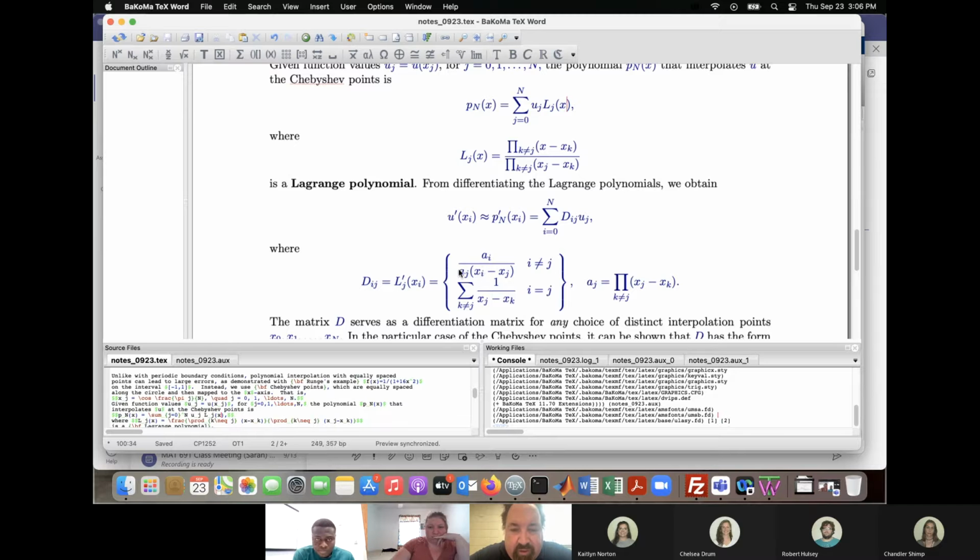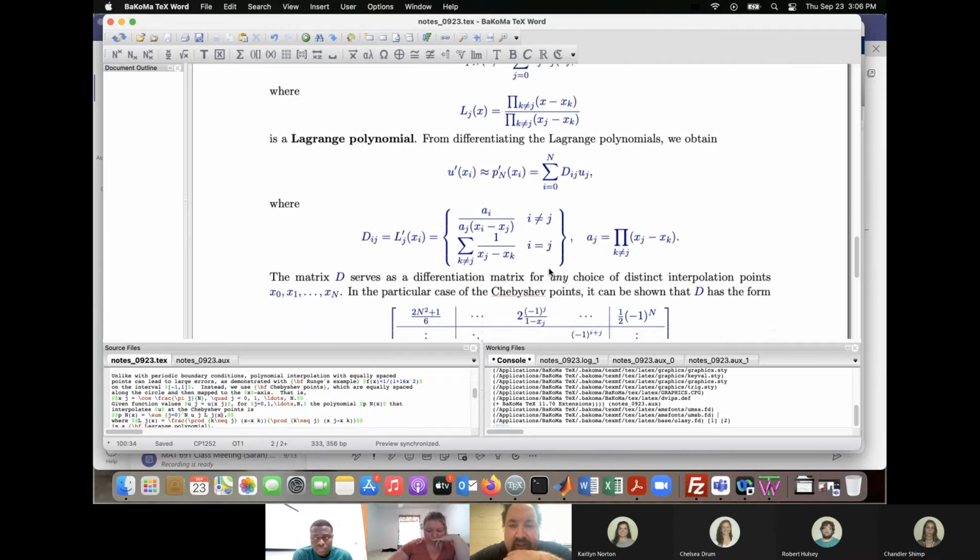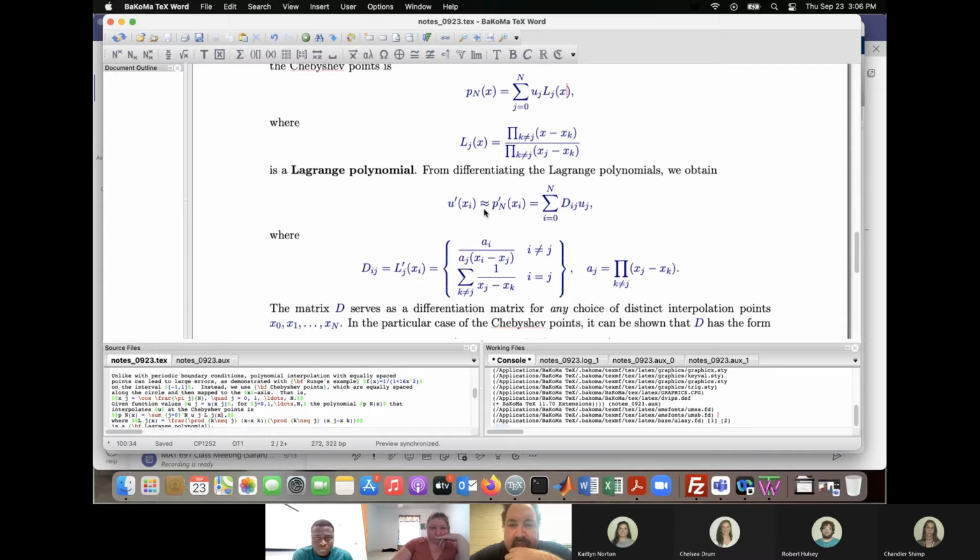But this is a formula for derivatives of Lagrange polynomials at these points, and we have separate formulas for where i is equal to j versus not equal to j. So what we have here is a differentiation matrix.